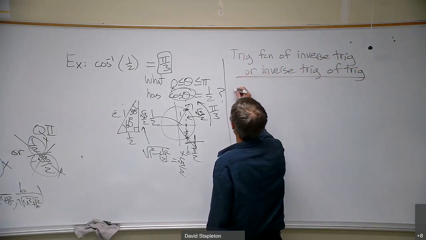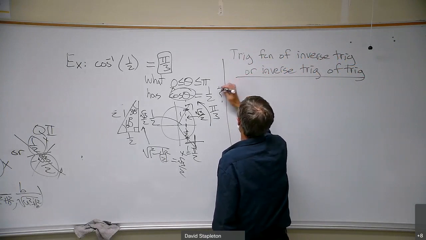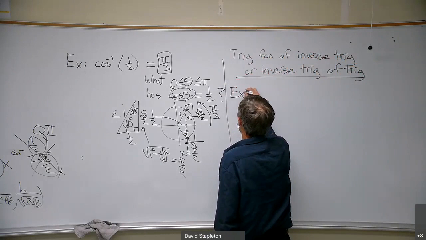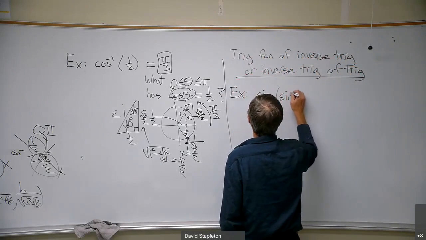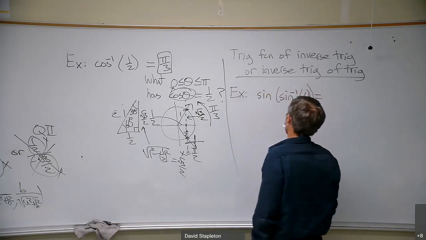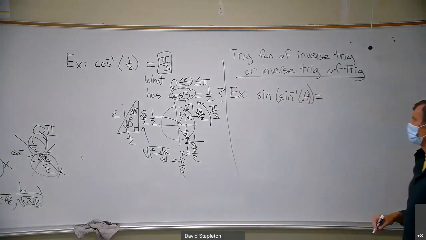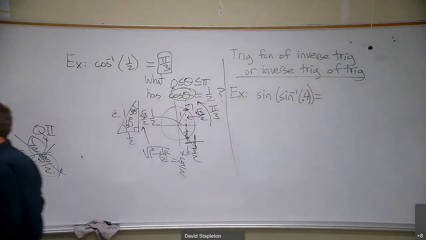For instance, suppose I have the sine of the inverse sine of 0.4. You say, wait a minute, that's not a special angle. What do I do when I have a trig function of its own inverse trig function? What should the answer be?